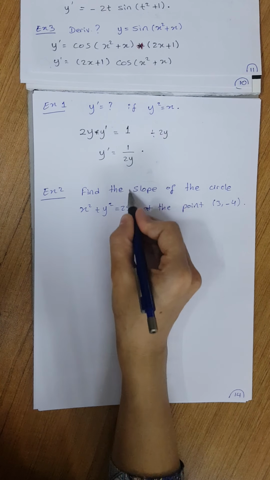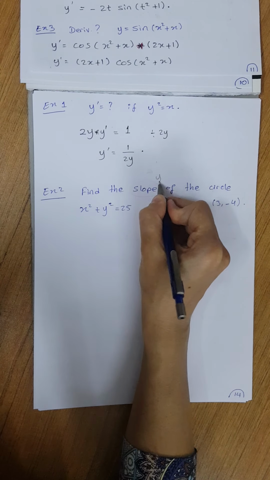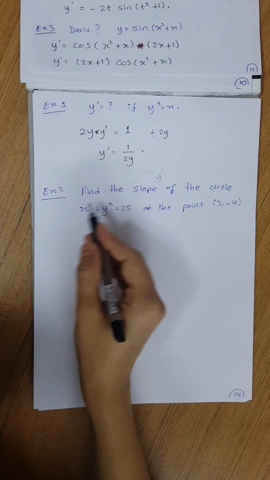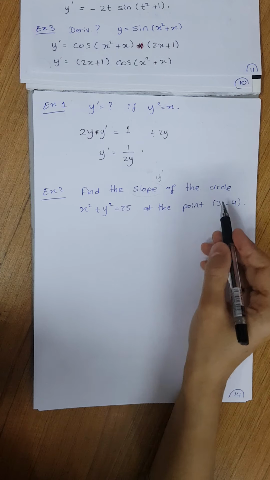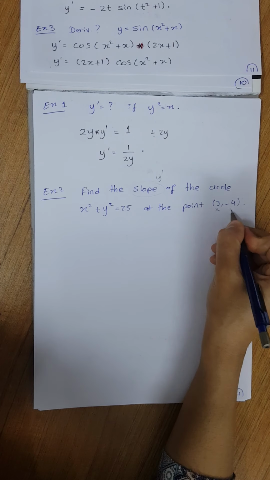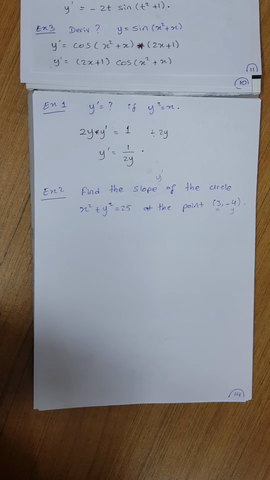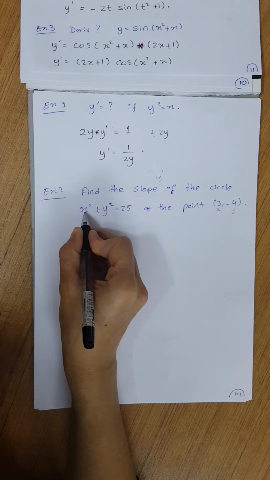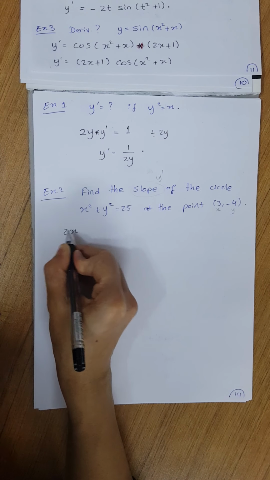Again, since it is required from us to find the slope, slope is what? It is the first derivative of the function. So we have to find the derivative of this one, and then input 3 instead of every x and 4 instead of every y. So let's find the derivative of this one. Derivative of x squared is 2x.